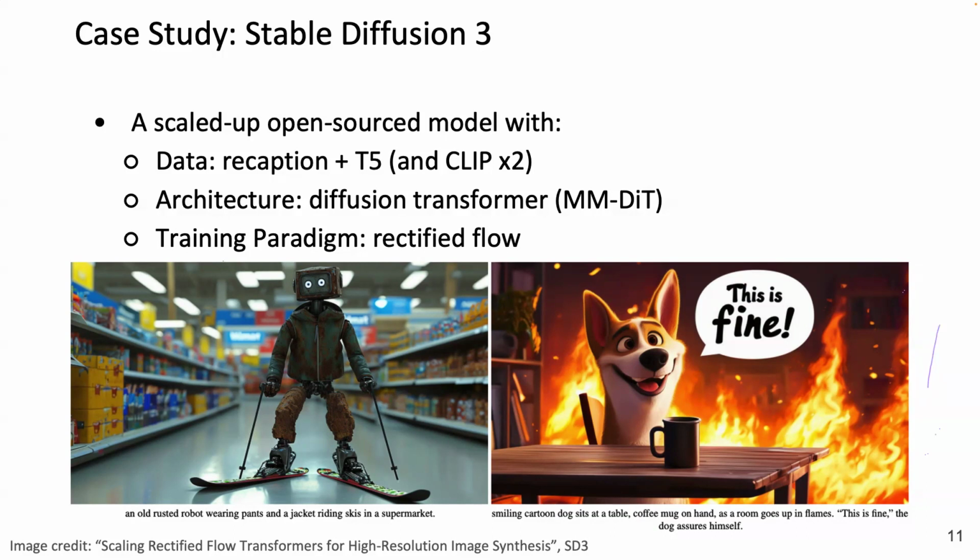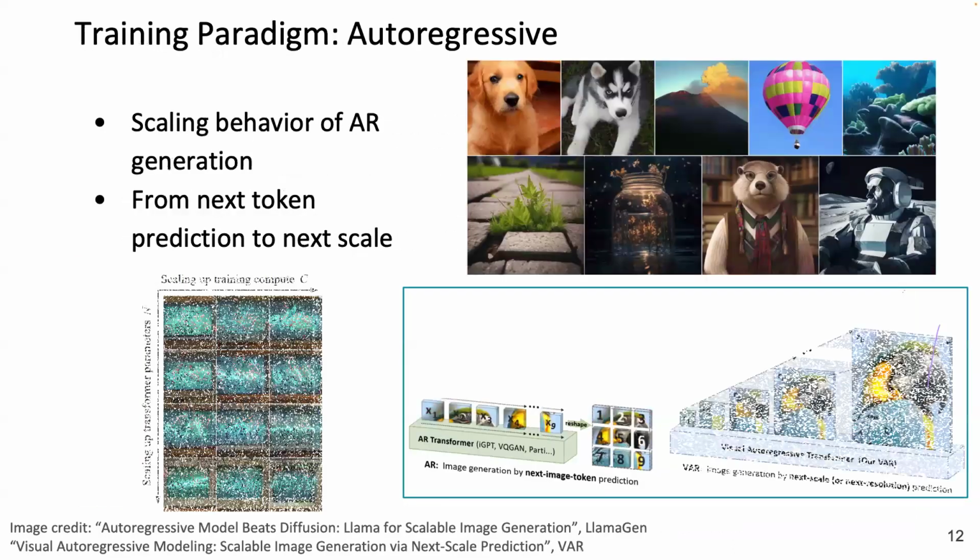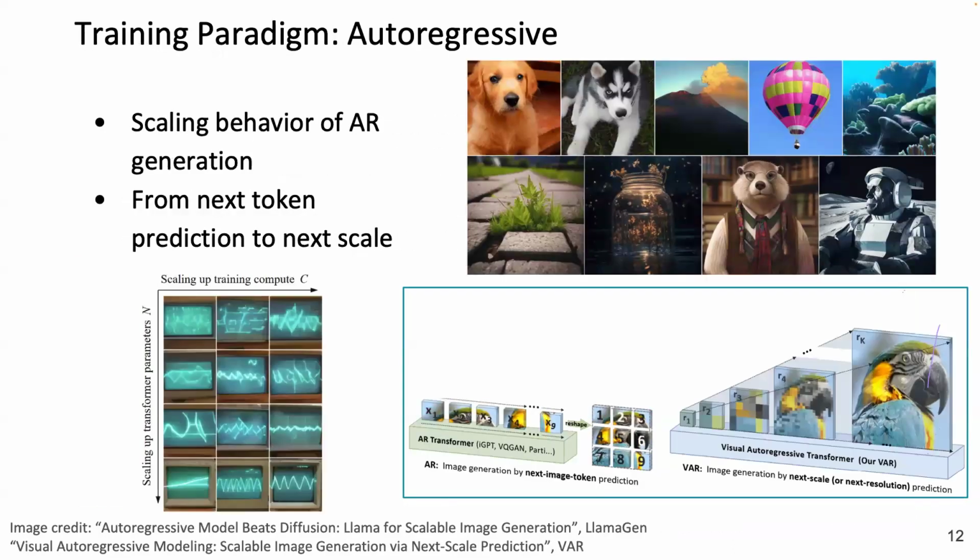For the training paradigm, it used the rectified flow objective that we have just shown on the previous page. Altogether, this leads to the nice generation results quoted directly from their report, as shown in the bottom two figures. So that's the training paradigm highlights, mostly on the diffusion side.